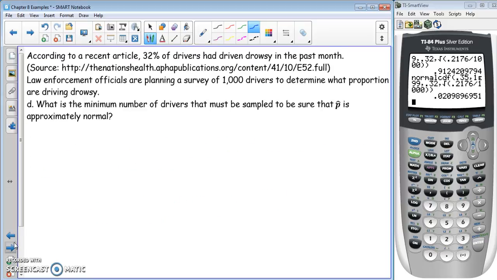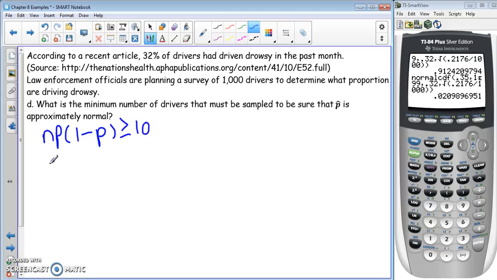The last part here: what's the minimum number of drivers that must be sampled to be sure that p-hat is approximately normal? Our main condition here is n times p times 1 minus p needs to be greater than or equal to 10.